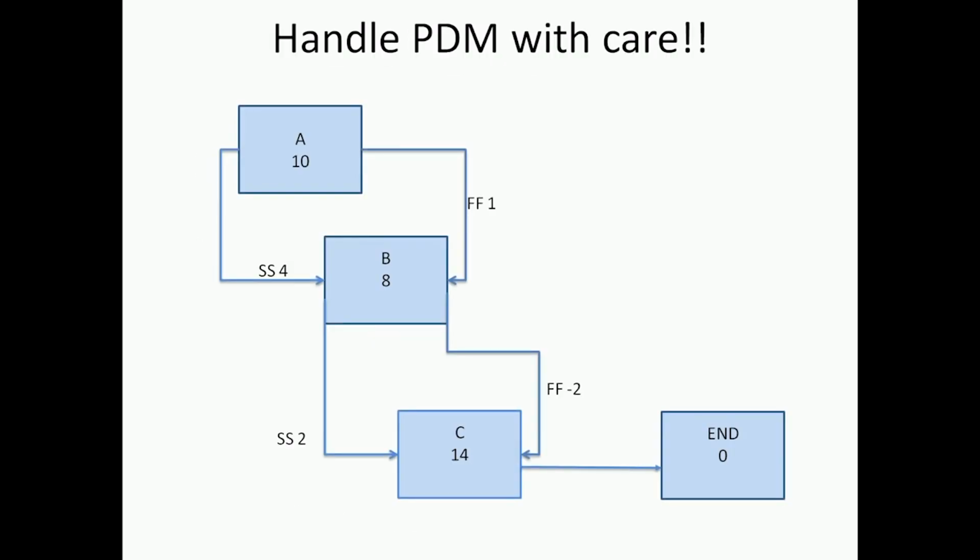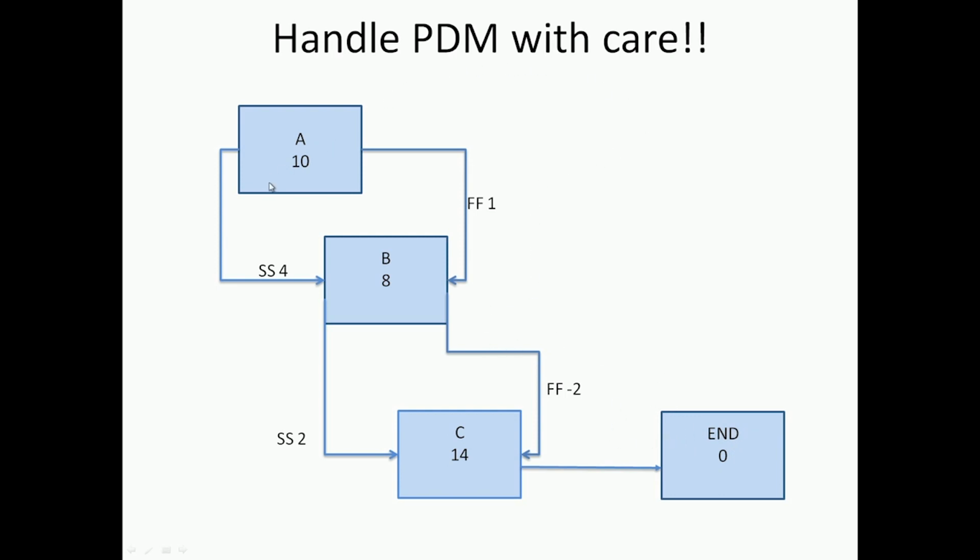Now, one thing which we have to do is to understand why we have to handle PDM with care. So let me take this example. We have seen some examples like this before. Basically I have three activities A, B, C, and an end, and I have defined different relationships.